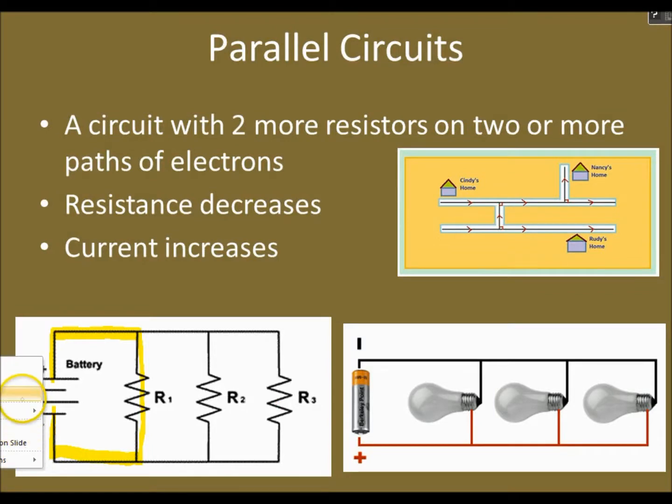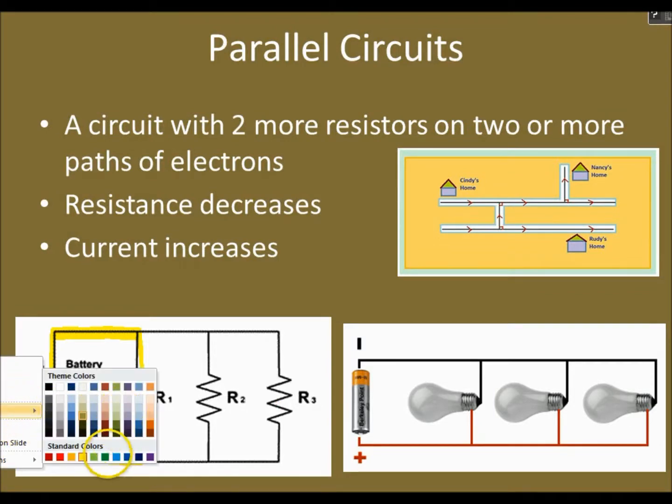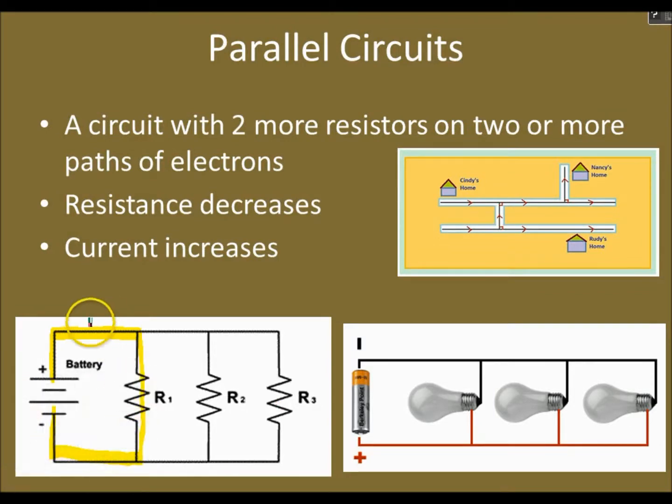So let's take another look. Let's look at a different highlighter. Let's go to green. Okay, here we go. Here's another path back to the battery. This time, I didn't go through this resistor. So that means that the resistor here and the resistor here are on two separate pathways back to the battery.